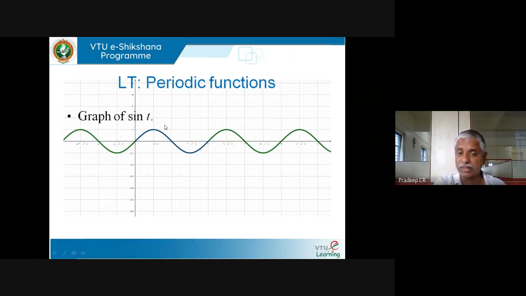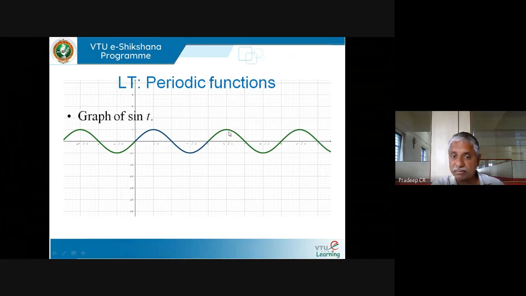Sine of 2 pi plus t is the same as sine t. It could be any amount. It doesn't have to stop at pi. It could even be 3 pi by 2, and here also I put 2 pi plus 3 pi by 2, so it will come all the way here. So there the value is minus 1. You understand what I'm saying?